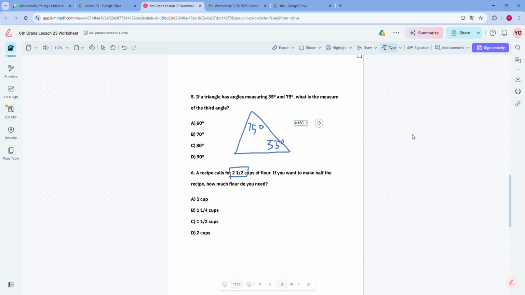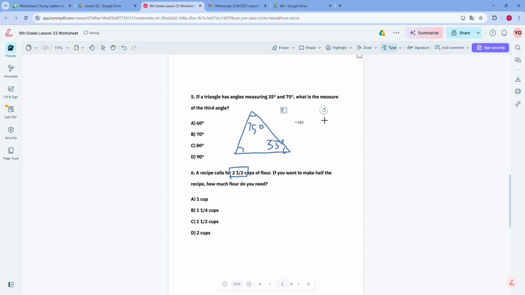Always, always, always. Not a circle, sorry. A triangle is always going to be 180. This angle plus this angle plus this angle, all three, that's going to be 180. So that just helps you get a better view on it.